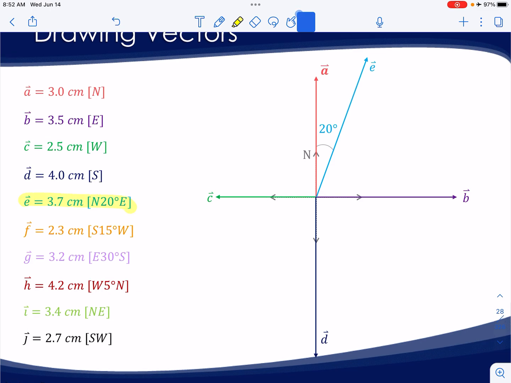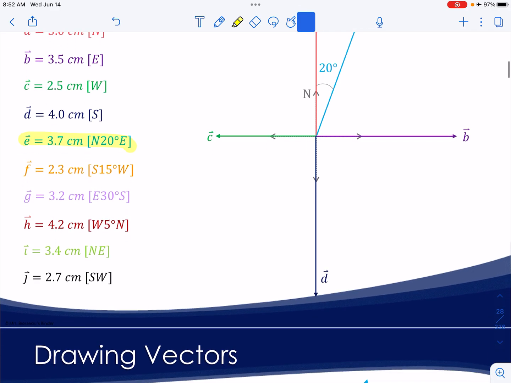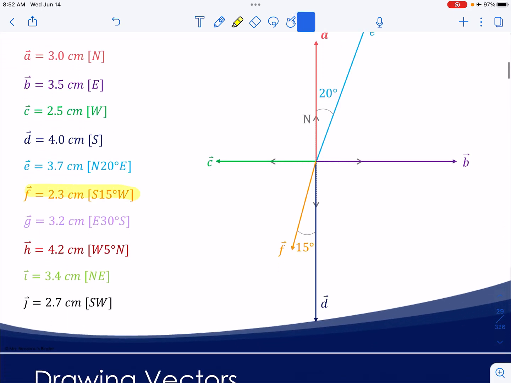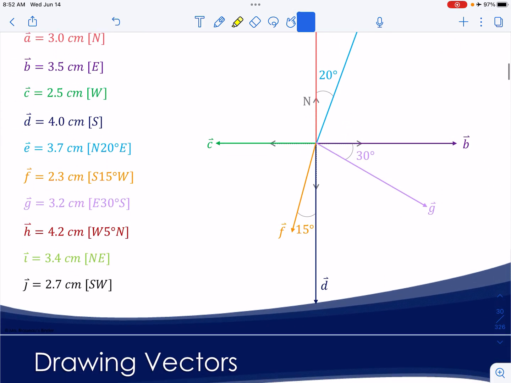E, 3.7 centimeters north, 20 degrees east, which is right here. F, 2.3 centimeters south, 15 degrees west. That would be here. G is here.